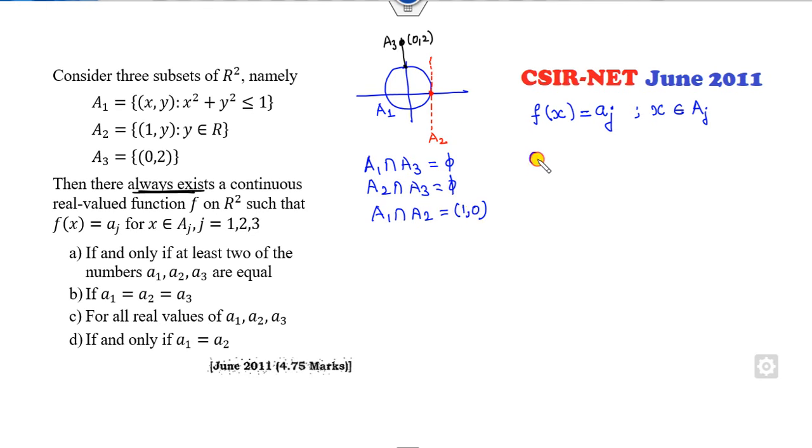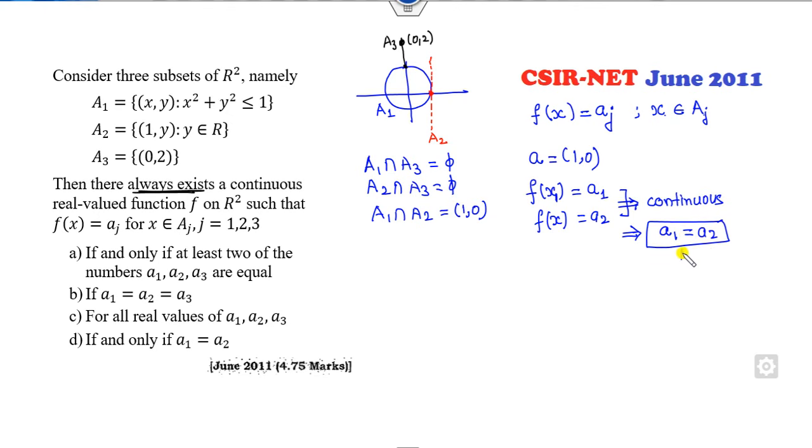If I consider A as my (1, 0), then definitely this is my x1. If I consider x from here, and if I say x is my of this, so what does it mean? When will it be continuous? For the continuous, we definitely know A1 must equal A2. Fine. This must be. Now look at that.